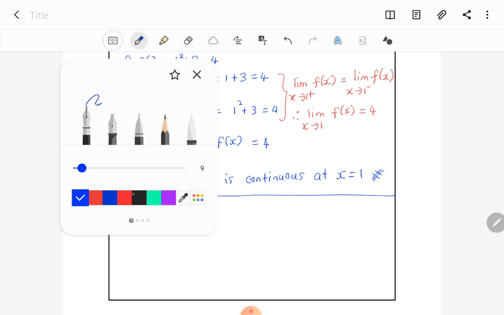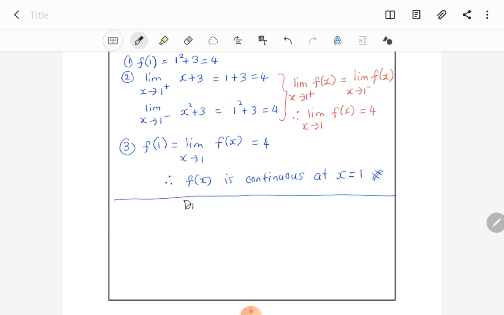Okay, for differentiability, we need to use the first principle formula, which is f prime a equals the limit as x approaches a of f(x) minus f(a) divided by x minus a.